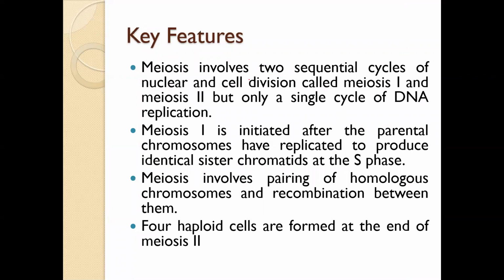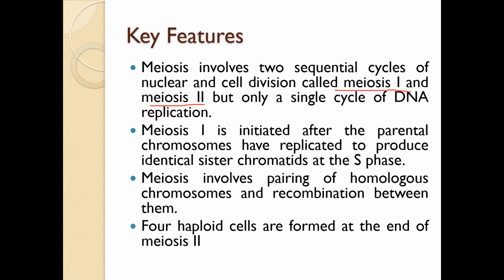Meiosis involves two sequential cycles of nuclear and cell division called meiosis 1 and meiosis 2, but only a single cycle of DNA replication. As we are aware of the terms karyokinesis and cytokinesis, in this case we get two steps of cell division.